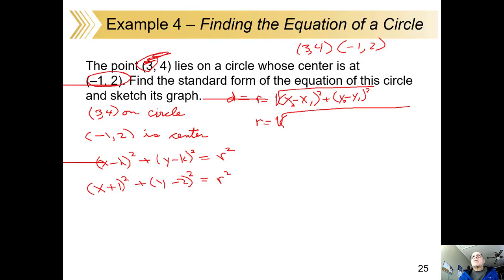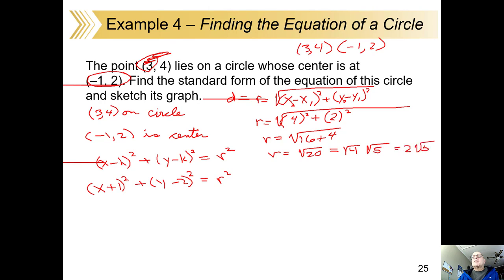So if I subtract the 3 minus the -1, that gives me 4 when I subtract the x coordinates. When I subtract the y coordinates, 4 minus 2 is 2 squared. R equals the square root of 16 plus 4. R equals the square root of 20. And if you were a real purist, you could simplify this a slight bit.